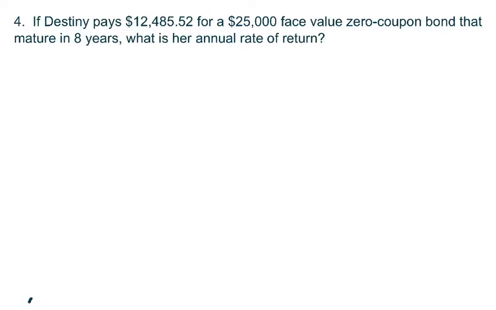Alright, and the last one's the hard one. We have to find the annual rate of return, so the interest rate, and she pays $12,485.52 for a $25,000 face value zero coupon bond that matures in 8 years.